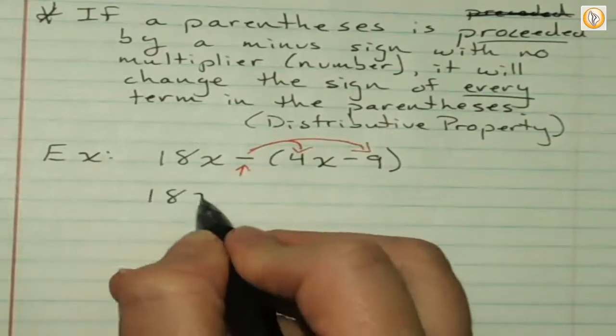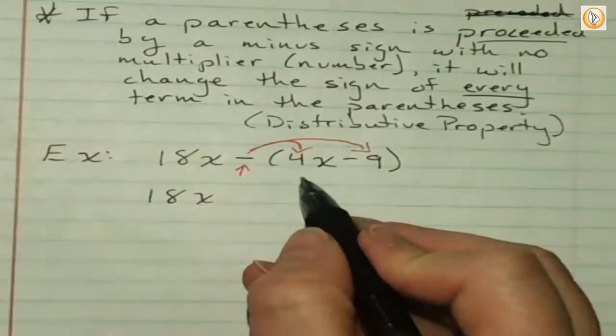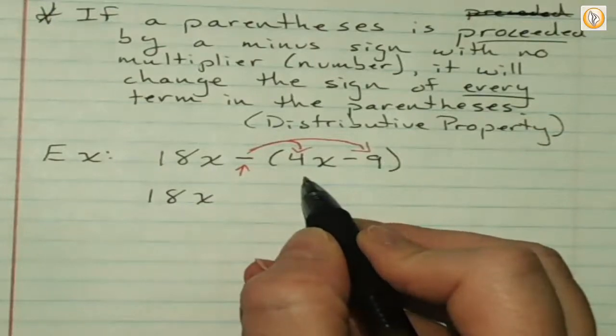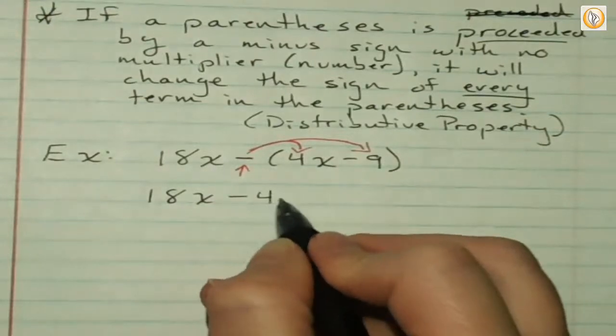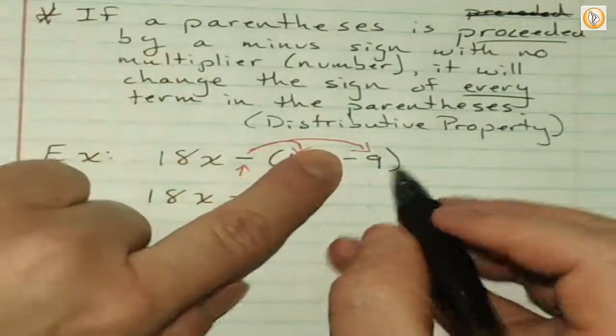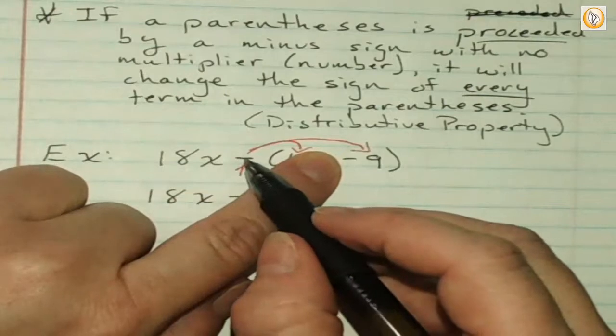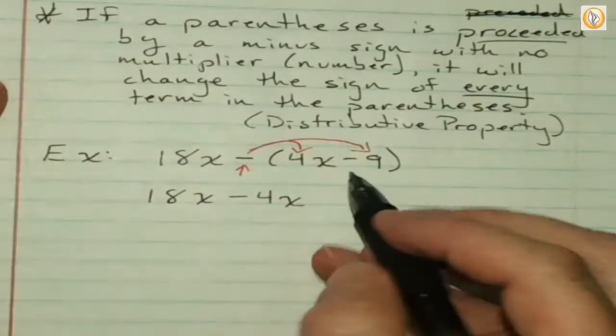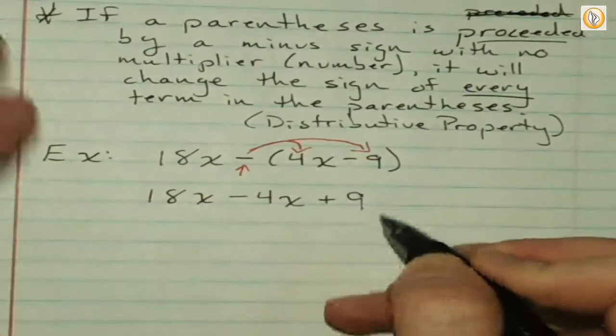So that's 18x. Now that's a positive 4x, so now it's a negative 4x. This is a negative 9. Aiden, if I'm applying the negative to the negative 9, what does that become? That's right. That becomes a positive.